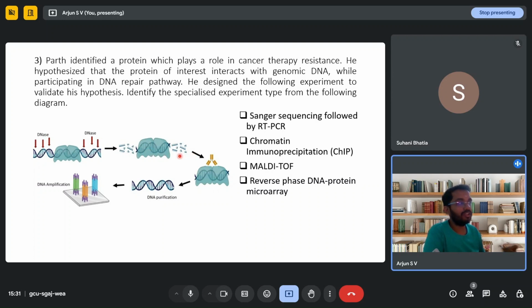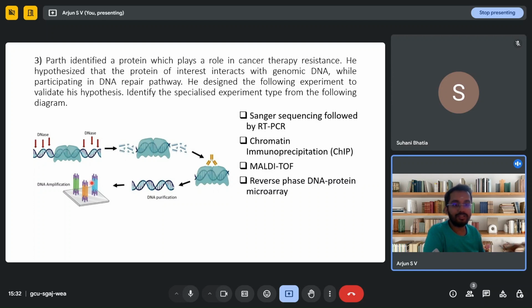After that, Parth is administering an antibody which binds to the DNA, and then the protein is released, and then the purified DNA is made to interact with synthesized, custom-made DNA on a platform, and then it is used to amplify.